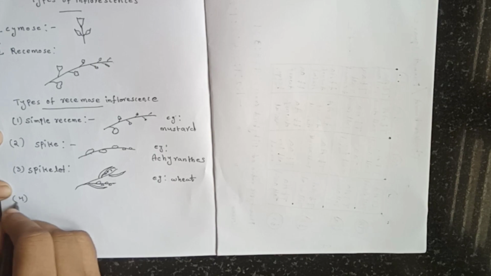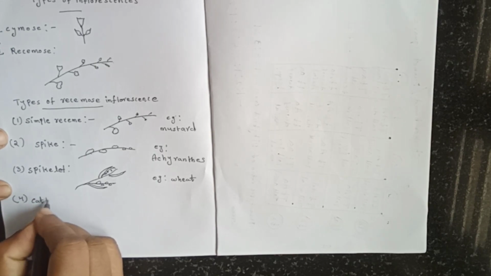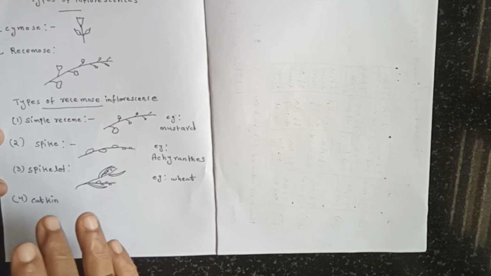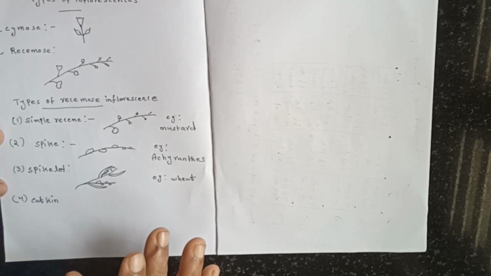Then next, catkin. In this case, a pendulous axis bears sessile unisexual flowers.